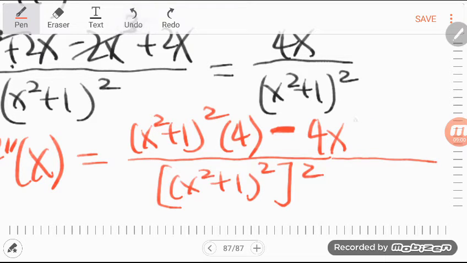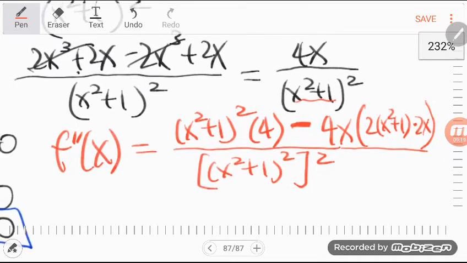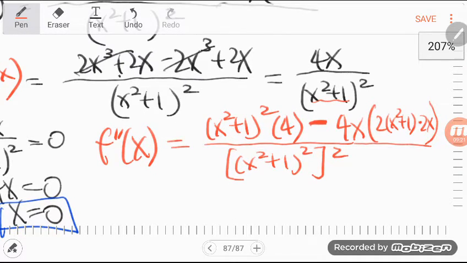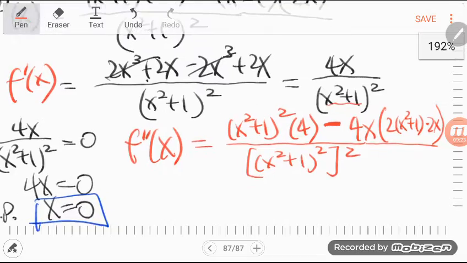That is actually 2 times x squared plus 1, and then multiply it by whatever is inside, which is 2x. Sorry about the size. I did not plan that well. But hope you guys understood what I'm doing here.